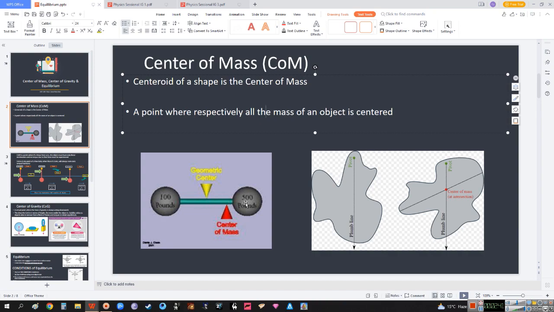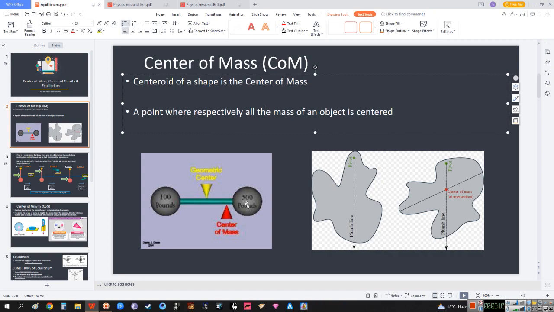As per the diagram, if you don't count the mass and just look at this geometrical object, we say that this point is the geometric center, but the center of mass is actually going to be towards this point, where the red pointer is. Why? Because there is a much larger mass at this point, and there's just 100 pounds on this side, so the mass is going to be more towards this side.